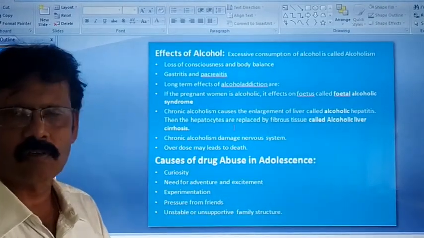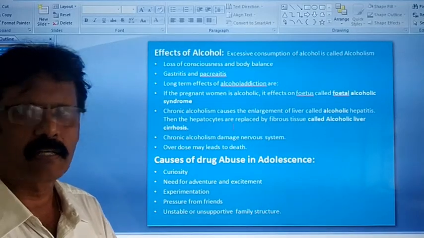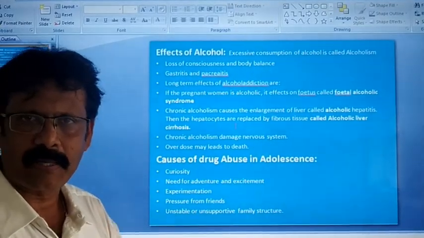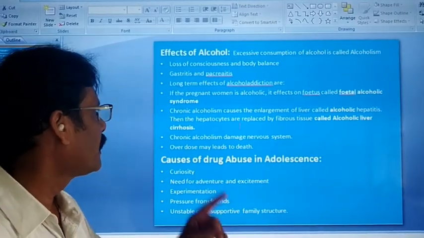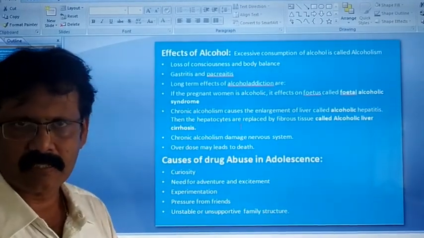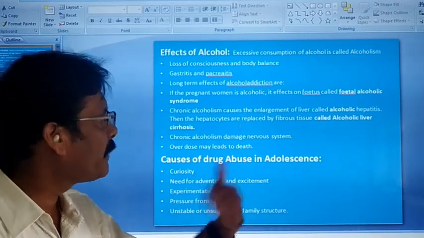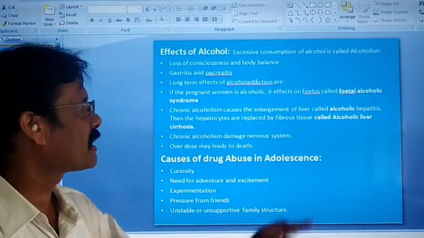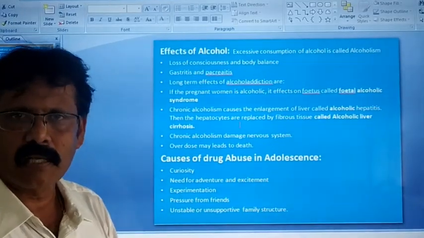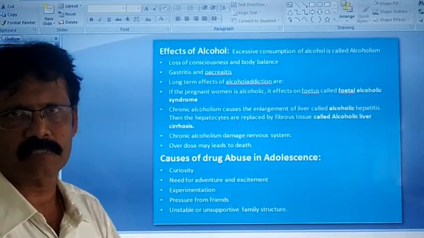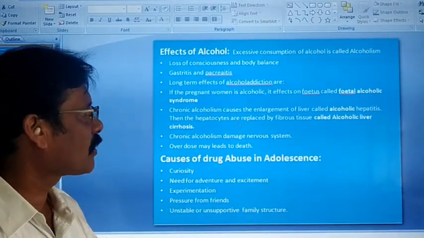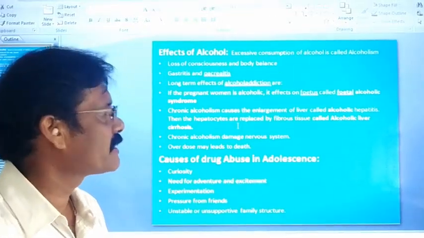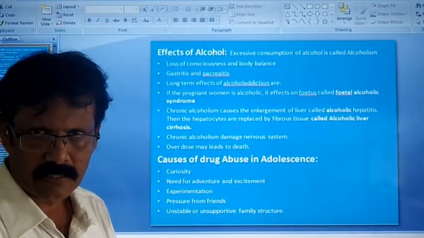Chronic alcoholism causes enlargement of the liver. That is called alcoholic hepatitis.